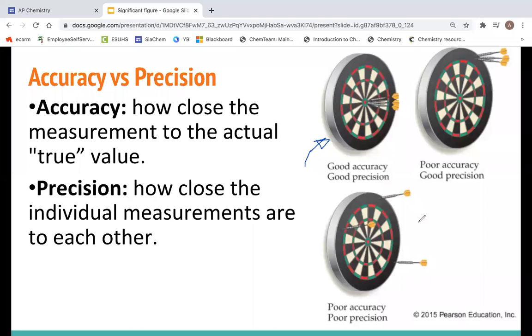Here, this is poor precision and poor accuracy because the darts are not together and they don't hit the bullseye. Over here, it is poor accuracy because it missed the bullseye, it missed the mark, but it has good precision because all the dots are in the same place. All right, moving on. So this is what we call accuracy versus precision.